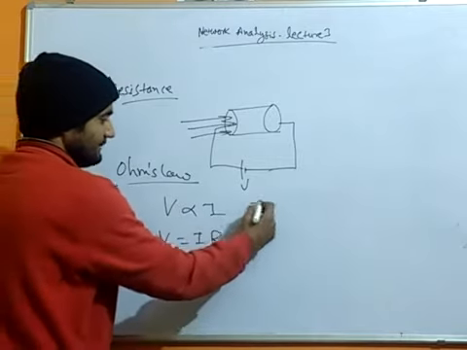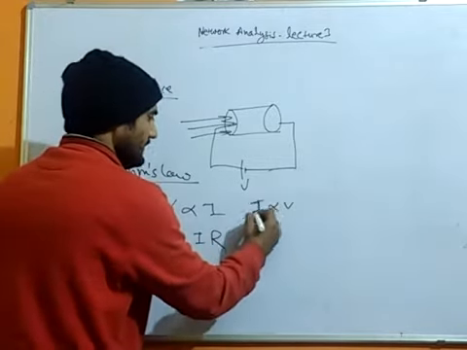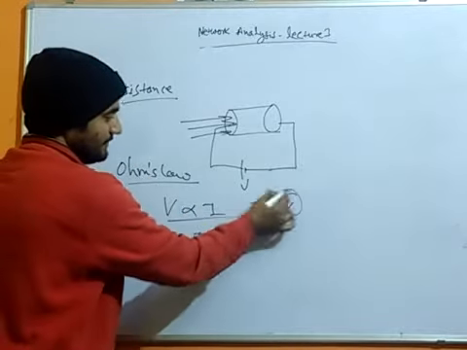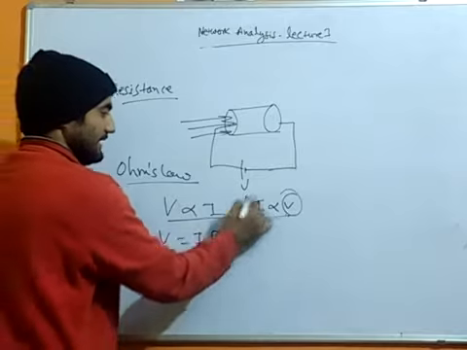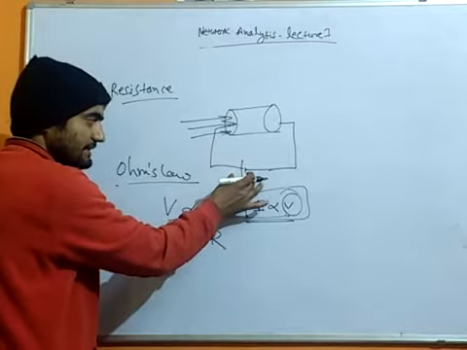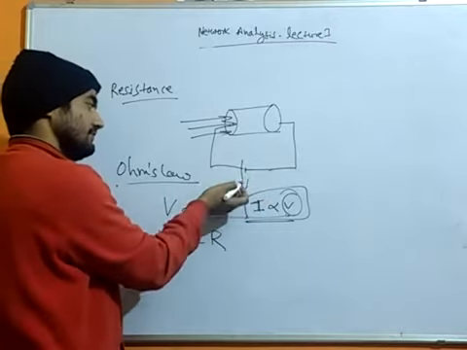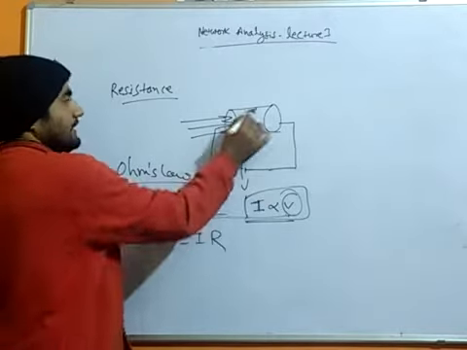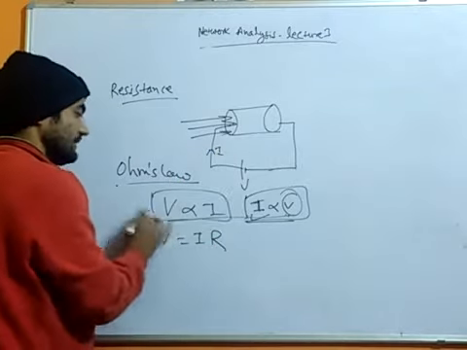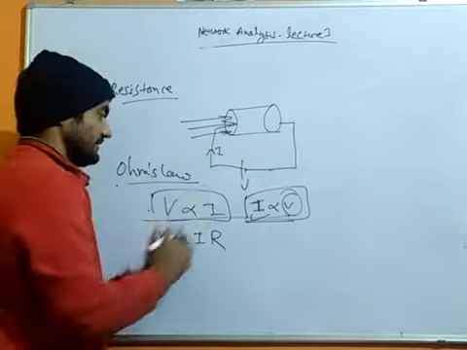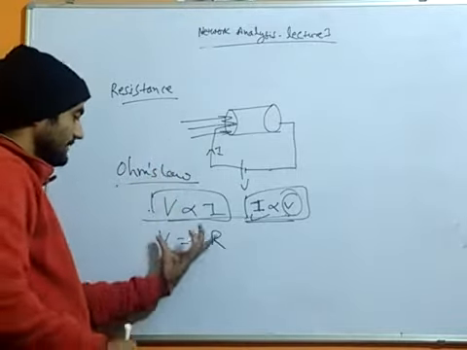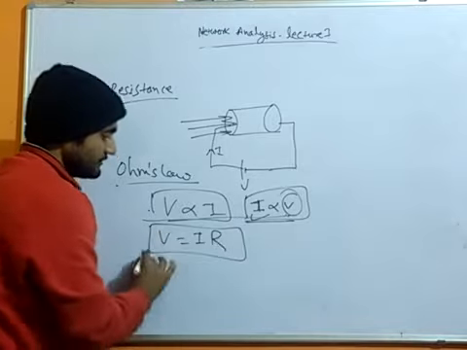In different books it can be written as I proportional to V. We generally apply a voltage, so proportional to that voltage the current will flow. Both are correct, but the final result is V equals IR.